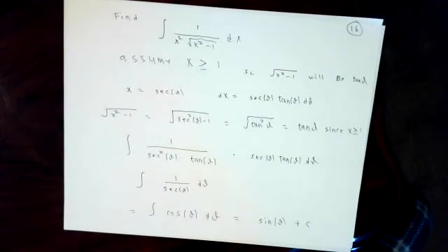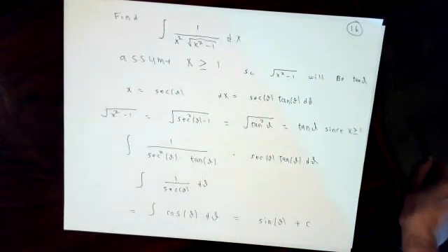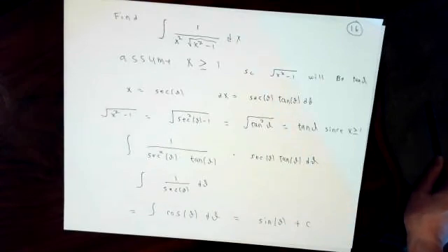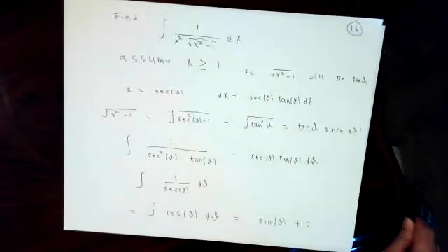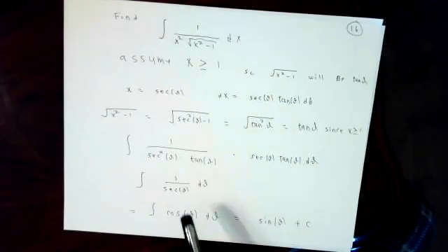Take all the little pieces and put them down in the integral, and you get the integral of 1 over secant squared theta times tangent theta multiplied by secant of theta tangent of theta d theta, and a miracle happens. Almost everything cancels out, and the reciprocal of the secant is the cosine.